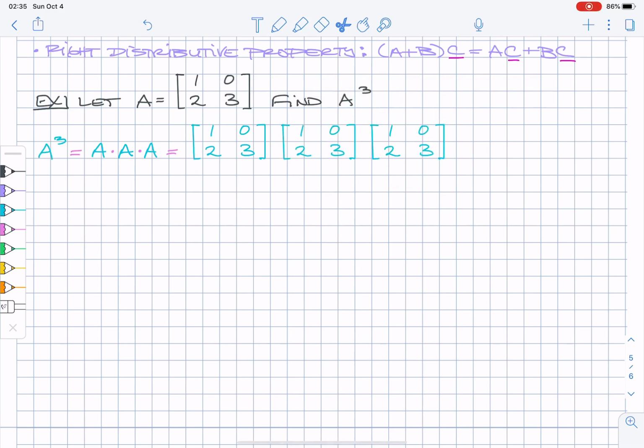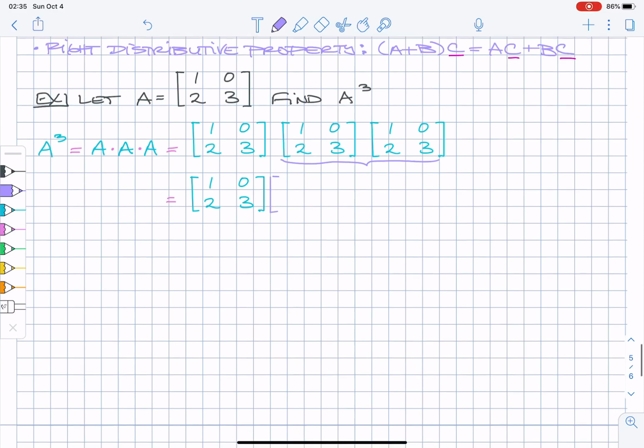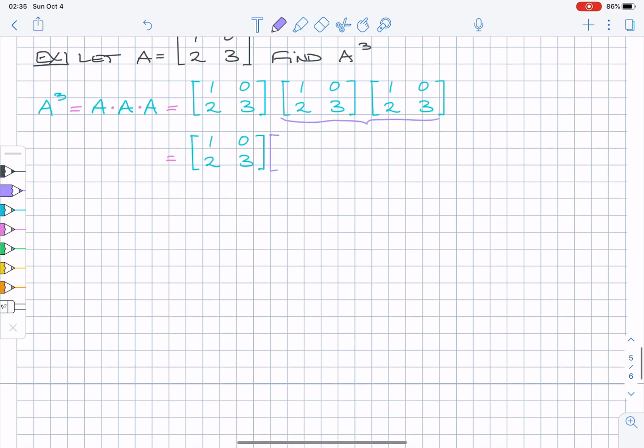But what I'm first going to do is focus on these two. So I claim that this is going to be matrix A times the product of A with itself. Okay, so what is the product of A with itself?